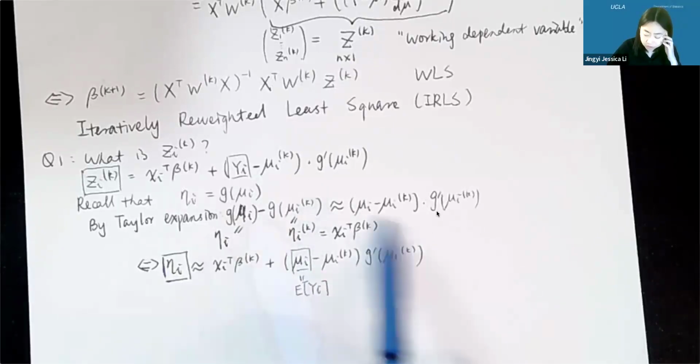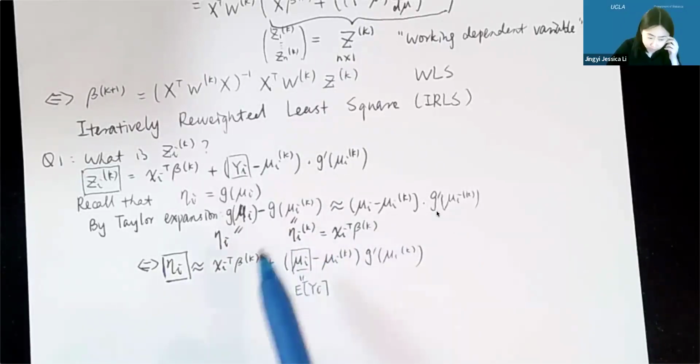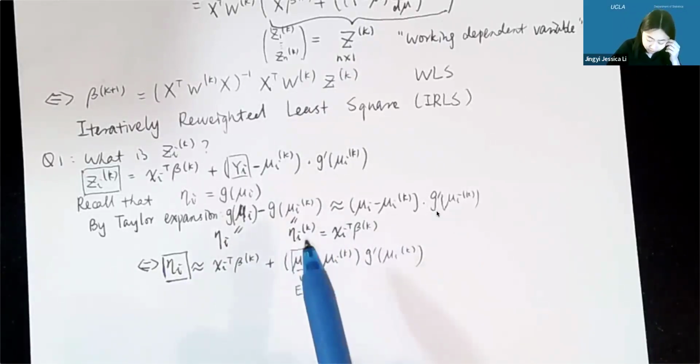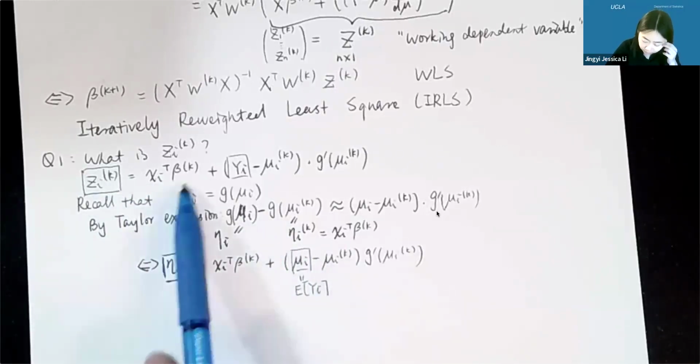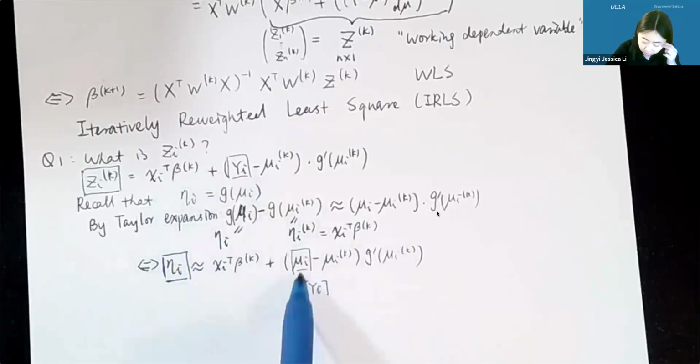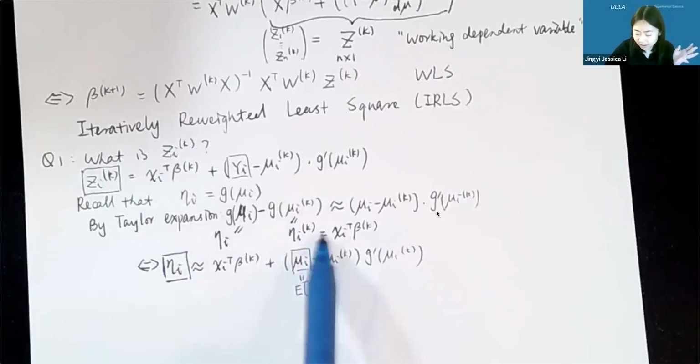Then I call this the working dependent variable. Essentially, what I'm trying to do here is convert my response, yi and mu i, to this g of mu i. I try to work with the link function transformed version, so it becomes linear, because g of mu i, which is eta i, is a linear predictor. So I try to turn this non-linear thing into a linear thing via this Taylor expansion.